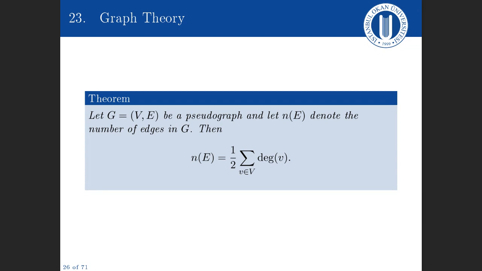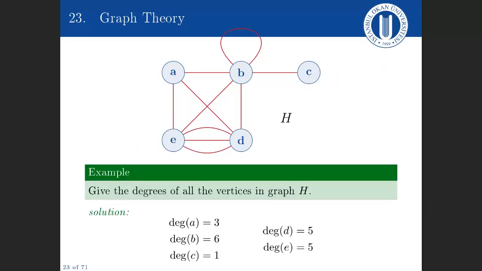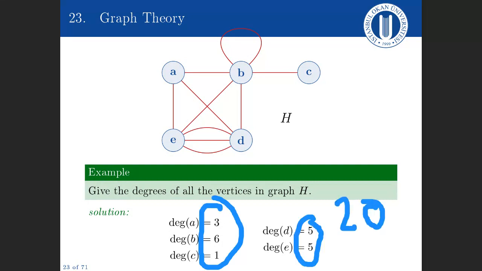So for example, if we go back to, let's say, this graph, if we add all of the degrees together, 3 plus 6 plus 1 plus 5 plus 5, that's 20, and then divide it by 2, we should get the number of edges. This graph should have 10 edges in it.